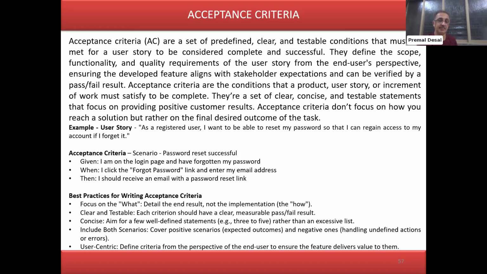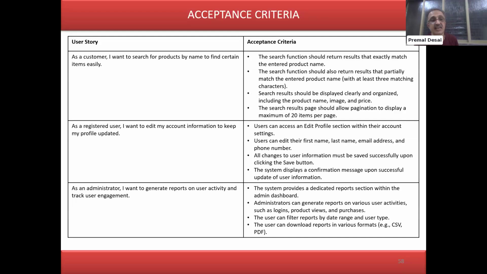Acceptance criteria, another important element of a user story. A set of predefined, clear, testable conditions that must be met for a user story to be considered complete and successful. That is what we call acceptance criteria. Testable conditions. Example, I have given here 3 examples.